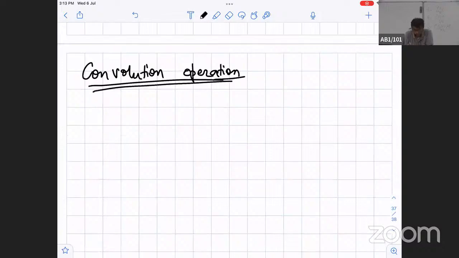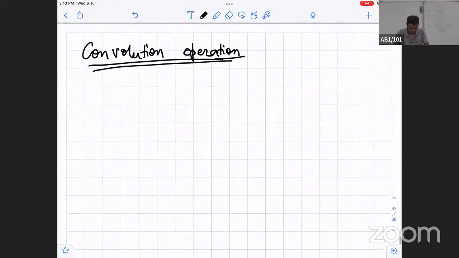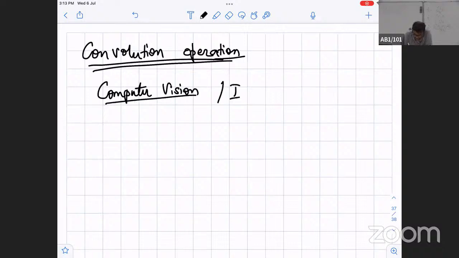Okay, so this convolution is used for image and computer vision applications. If there are a lot of images, you may want to use the convolution operation. So what is the point?